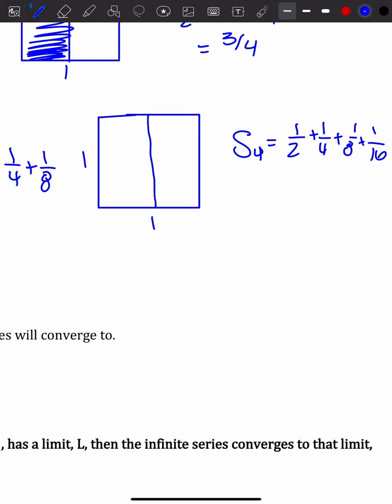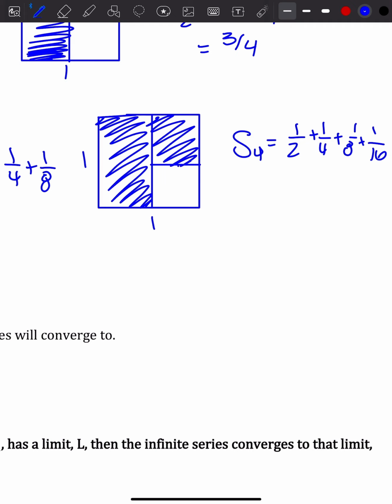So half this box is going to give us the 1/2. Half of that is going to give us the 1/4. Half of that gives us the 1/8. Half of that gives us the 1/16. Altogether, if we add everything together, we're going to get 15/16.